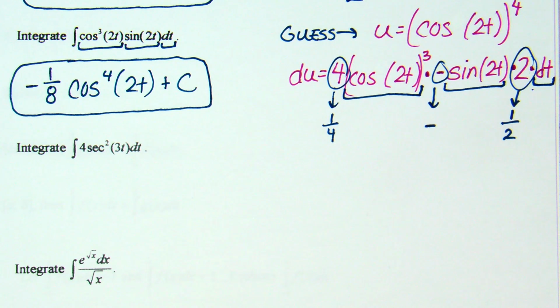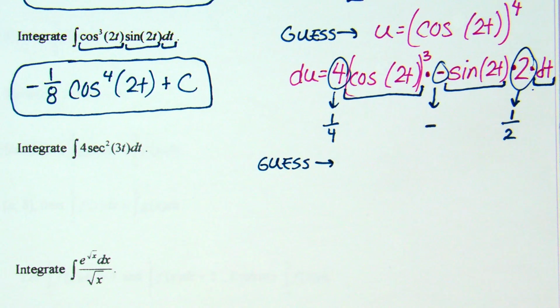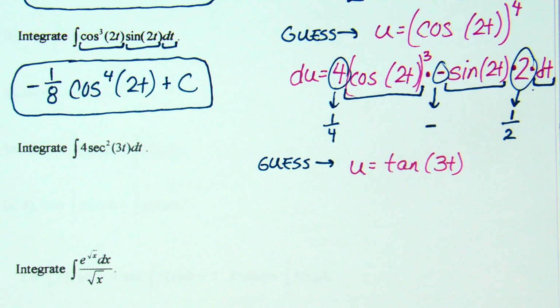So our guess, the integral of secant squared of 3t is going to be tangent. There's multiple different options. Here's the deal. You can't forget that 4, yes?